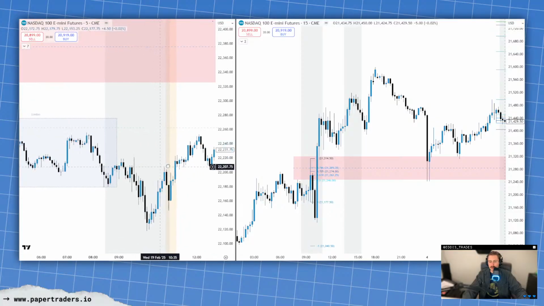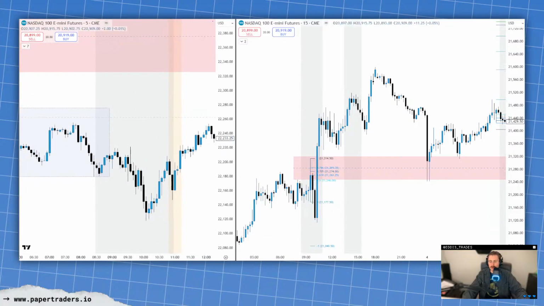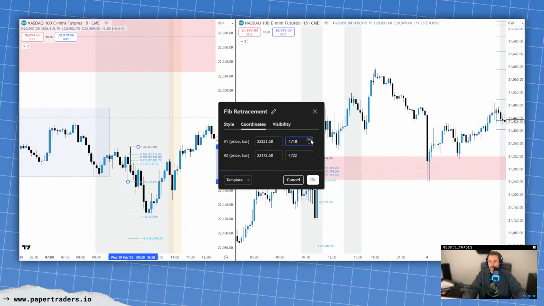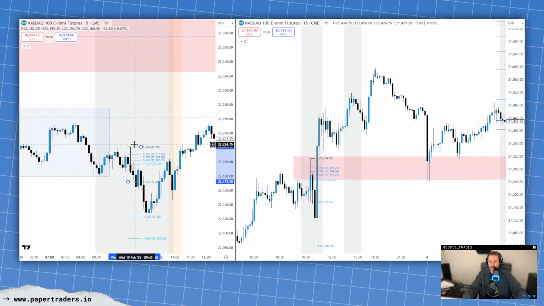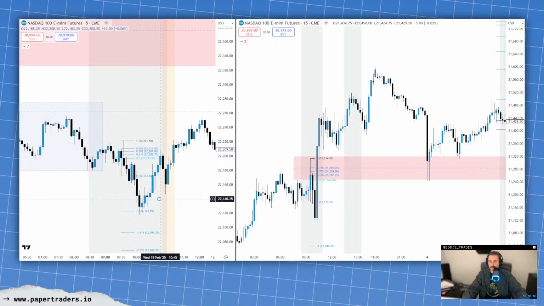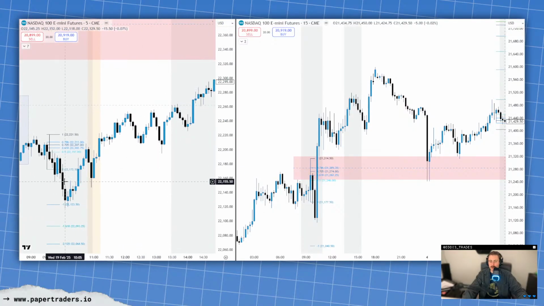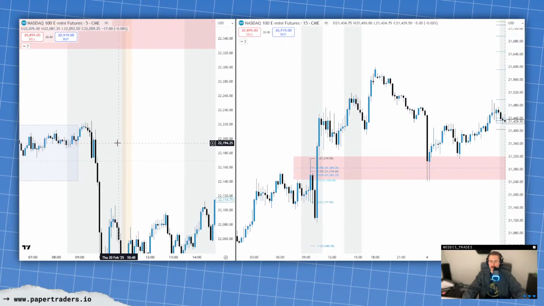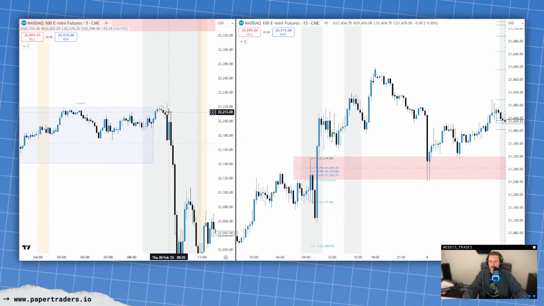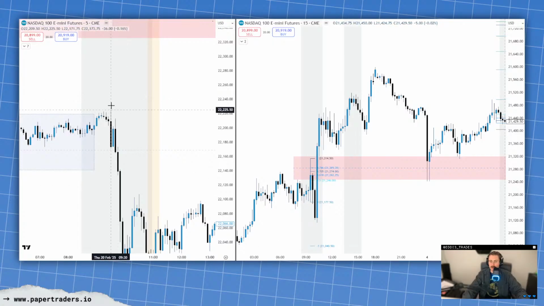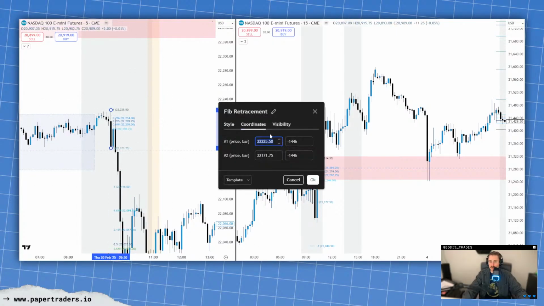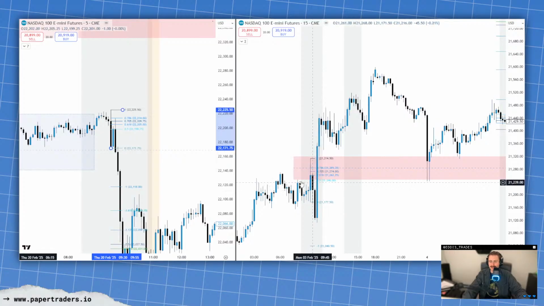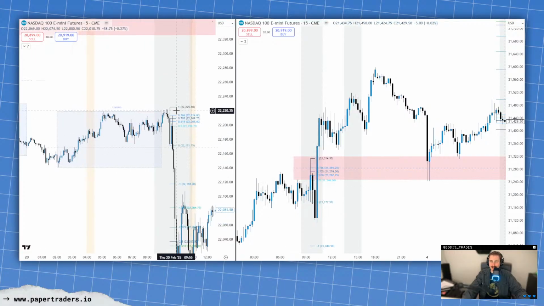Over here, 9:30, 9:45. 30.5. Right there, continue down. Sell that. 10 o'clock, almost reversal. 10:05. 9:35, 9:30. 618. 9:30, 618 took the top of this range too.